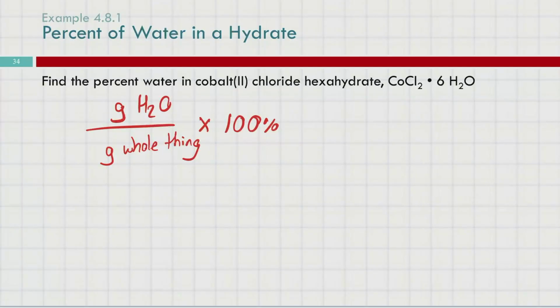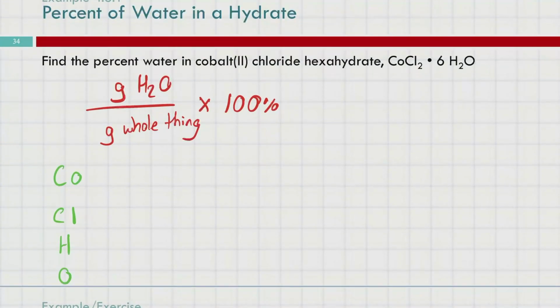So let's break it down into all of its individual elements. We've got cobalt, chlorine, hydrogen, and oxygen. How many cobalts do we have? One cobalt, and it has a molar mass of 58.93 grams per mole. How many chlorines do we have? Two, because of the subscript of 2. Those have a molar mass of 35.45.